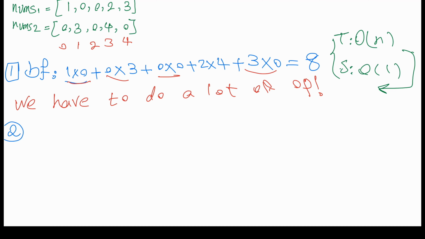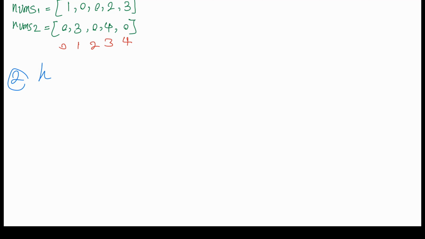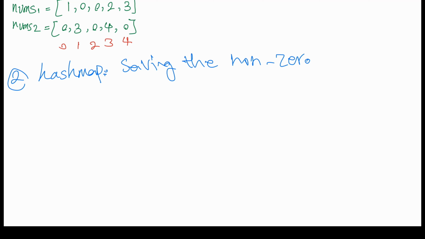Okay, so let me clean this part. The second solution is that we can use a hash map. In the hash map, we only save the non-zero values along with their indices.